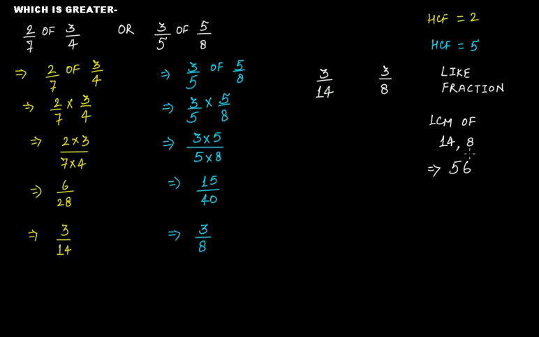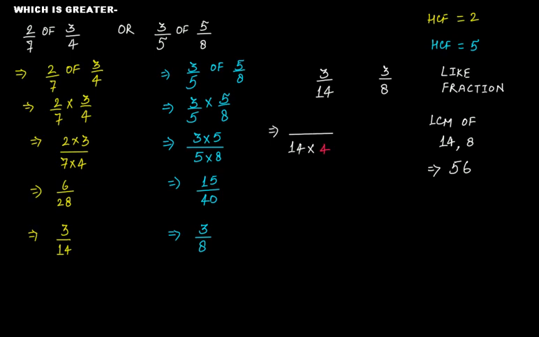It's homework for you. So the LCM of 14 and 8 is 56. And in order to make the denominator 56, by what number should we multiply? So if we multiply this denominator 14 by 4, then this will become 56, right?